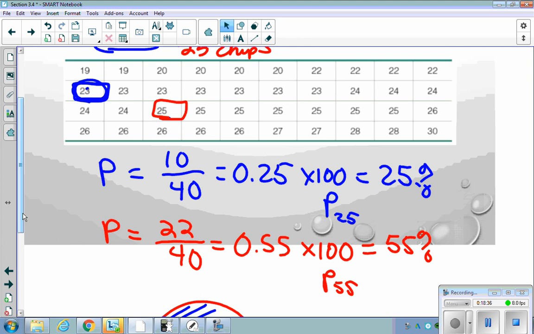Well, no, I said that backwards. I apologize. So let's give me the percentile. I want to find how many chips are in the percentile of 80%. What is the 80th percentile? How many chips would the cookie have that were at the percentile of 80?